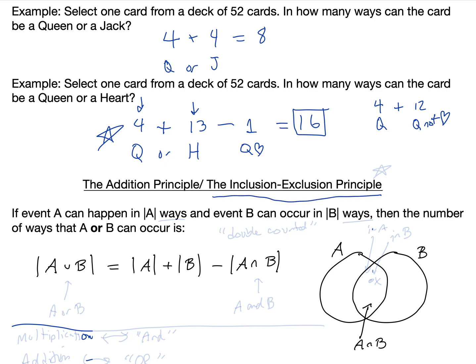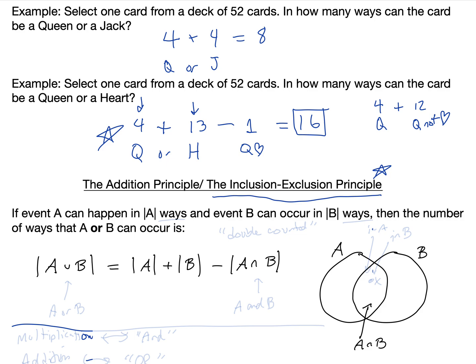So this can really be called the addition principle or the inclusion-exclusion principle, but this is sort of the more nuanced version of it. That if we want to figure out the ways that one event or another can happen, we add the total number of ways that the first event can happen plus the number of ways the second event can happen and subtract off anything in the intersection that was double counted.